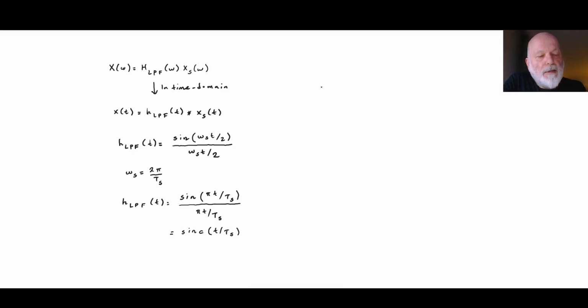Okay, now xs of t was equal to the sum over m from minus infinity to plus infinity of x of m Ts delta t minus m Ts.